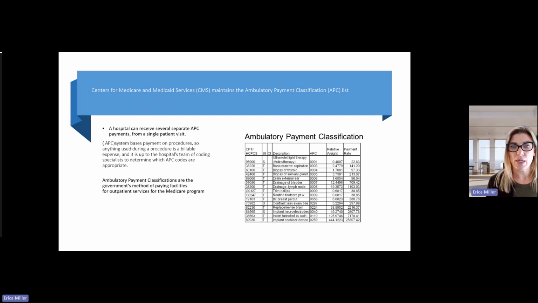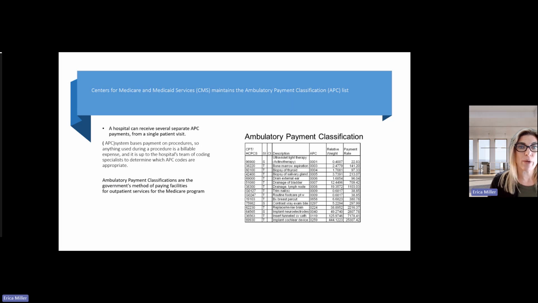All right, let's see here. Let's talk about who maintains the APC, Ambulatory Payment Classification List. That's going to be CMS, the Centers for Medicaid and Medicare Services. So hospitals can receive several separate APC payments from a single patient visit.